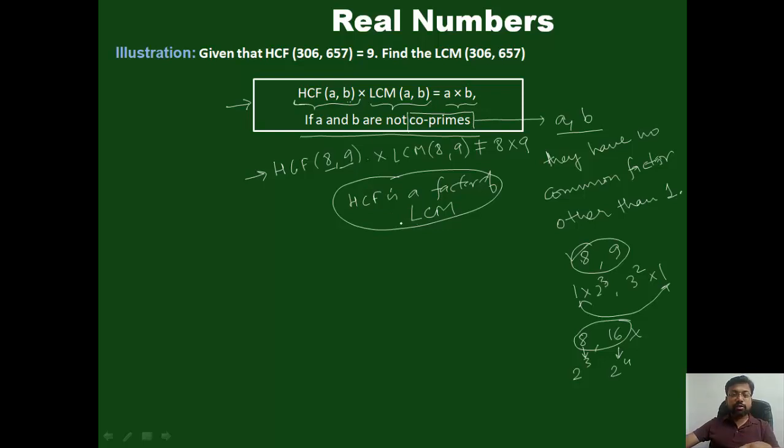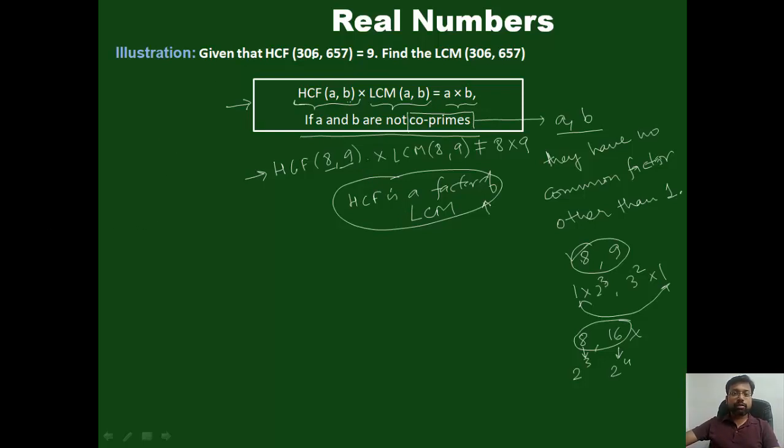Please revisit this particular concept, and in case you're not able to grasp how exactly I come to this conclusion, we can maybe discuss it in the online doubt class that we'll be having. So you just make a note of this, try to figure out why I write that HCF is a factor of LCM, and only then you can use this particular result.